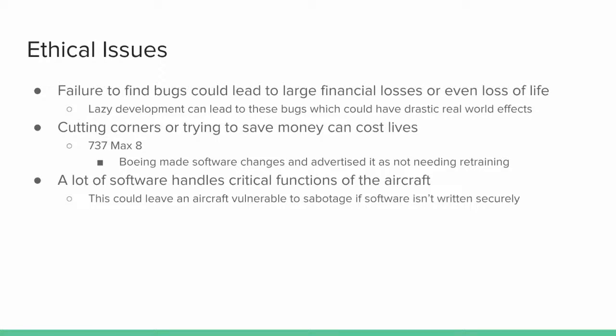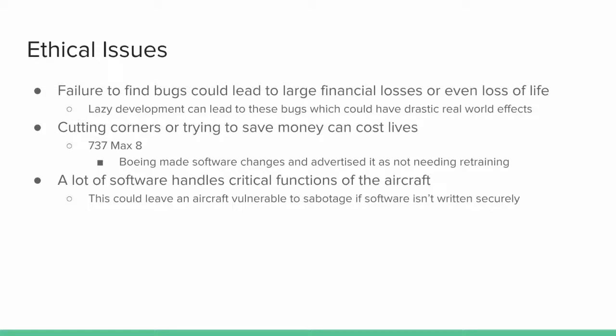The pilots weren't familiar with the software because they weren't familiar with the MAX 8, though they might have been familiar with the normal 737. They didn't know what was going on or how to correct it, which caused the plane to stall and crash. So that's another ethical concern with aviation software.